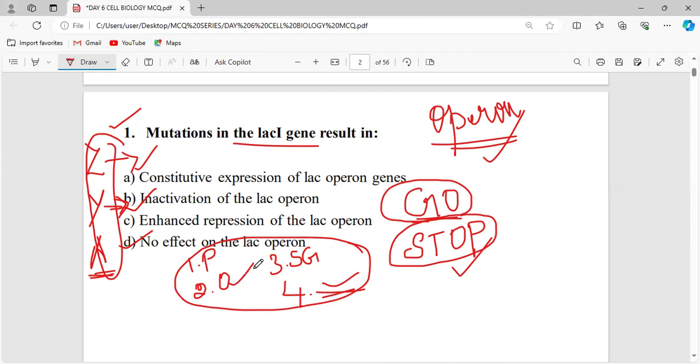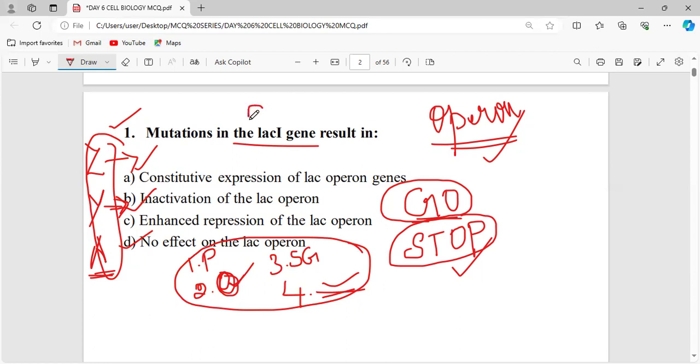Okay, and when it comes to the operator, it is the integral part of the operon. See, it is the most important concept. You should know that the operator will be the integral part of the operon, and the repressor will be the non-integral part of the operon.